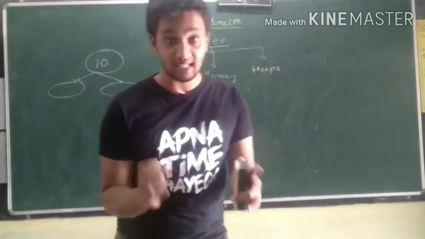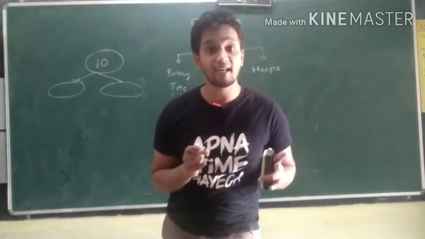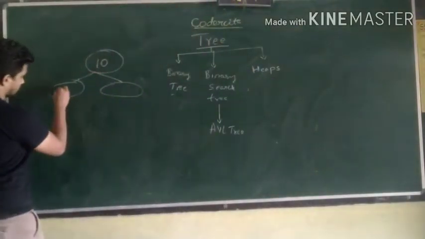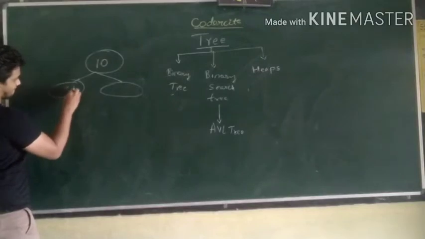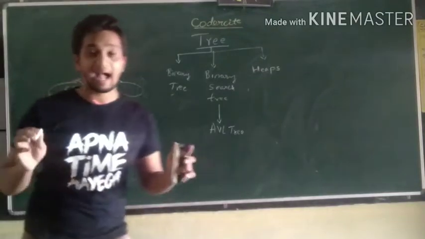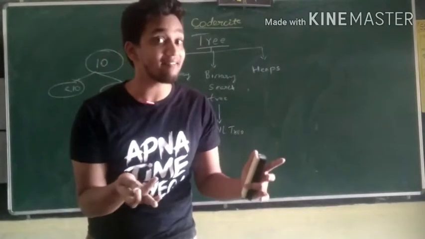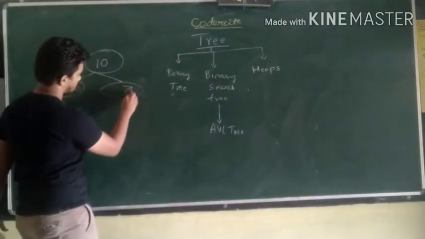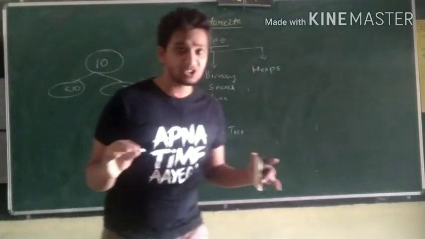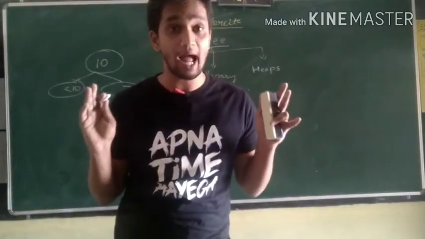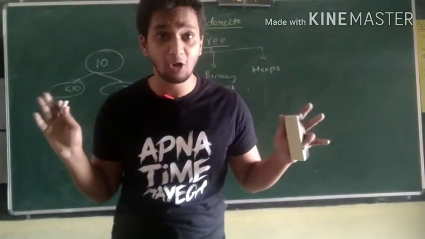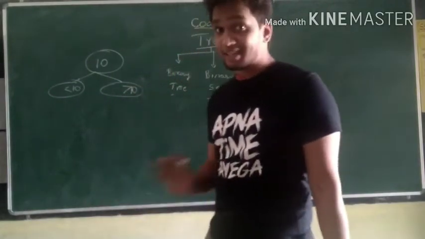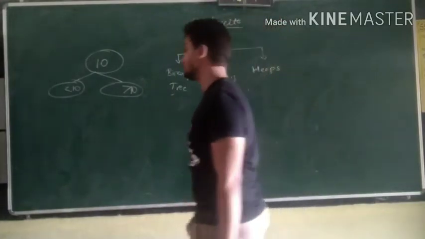The left child will have a value lesser than the root node, and the right node will have a value greater than the root node. In binary search trees, duplicates are not allowed. If there is a duplicate, then it will not be added into the search tree.